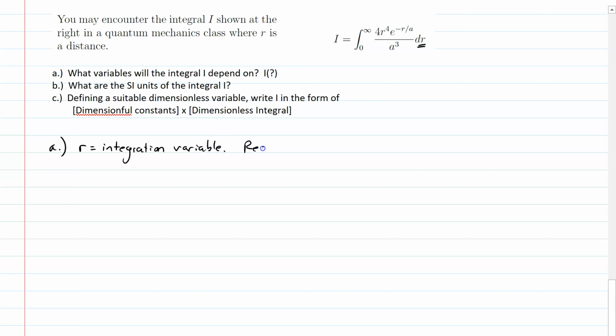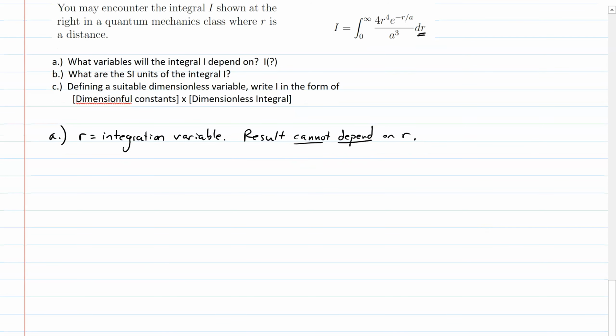The result cannot depend on r. The only other variable in this expression is a. So I will be a function of a only.